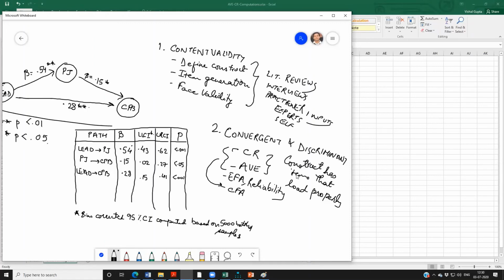And then here we also showed one construct has items that load properly, and then we showed the construct is discriminant from other constructs.